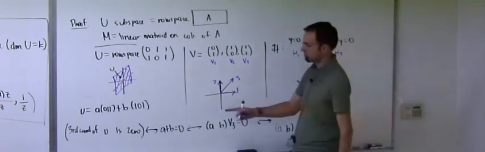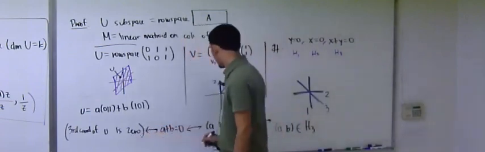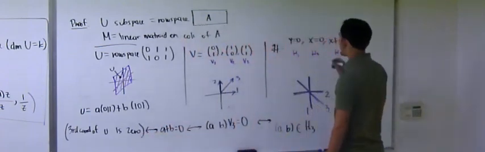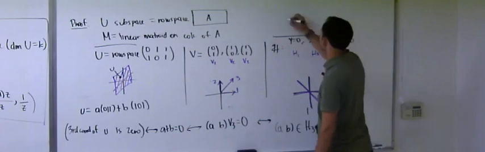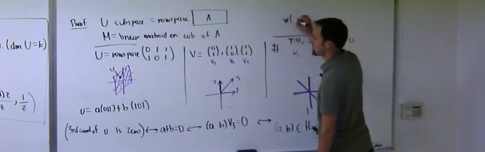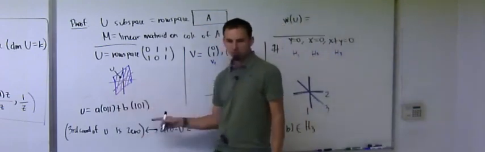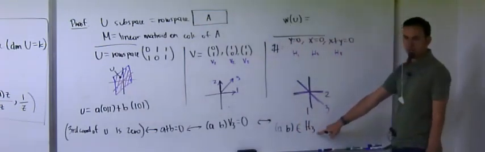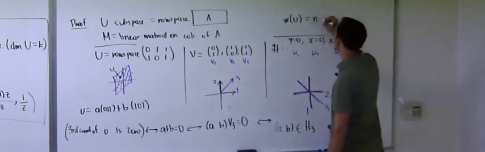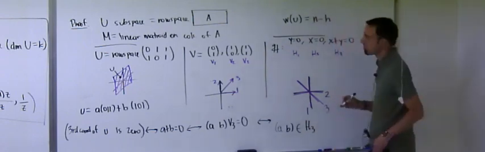And so what this is saying is that the weight of the word u is basically the number of non-zero coordinates, which is the number of hyperplanes that you are not on. So this is n minus the number of hyperplanes that you're on.